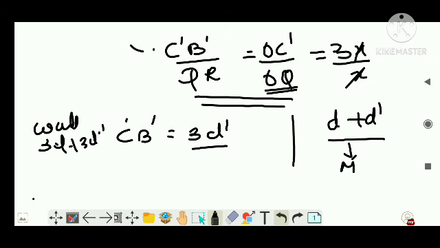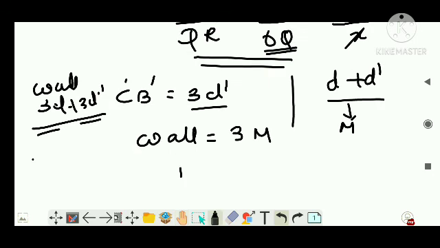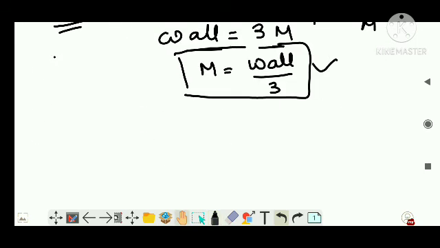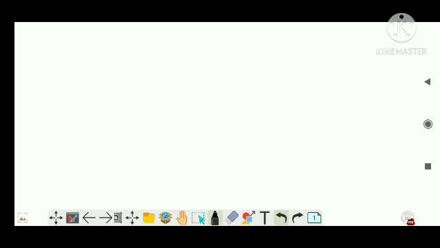So the wall is thrice the size of the mirror, or I can say the mirror should be a minimum of 1/3 the size of the wall, so that the wall can be fully visible to your eyes. This much clear, right?